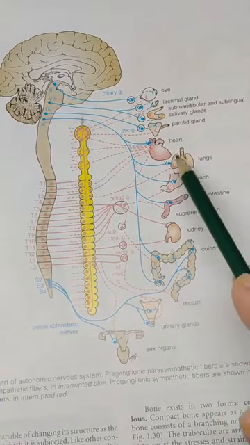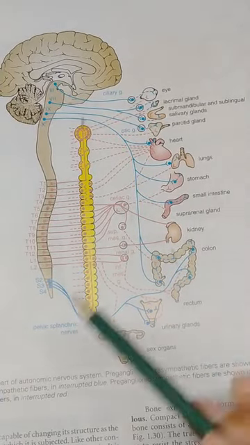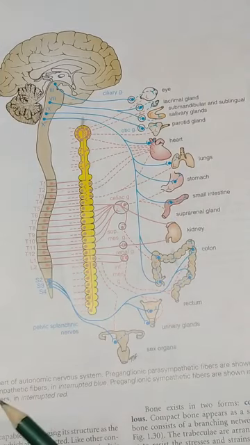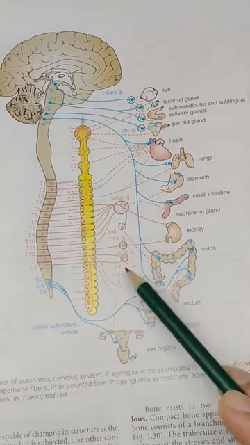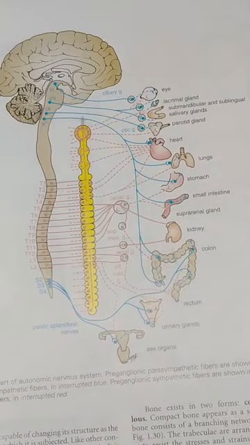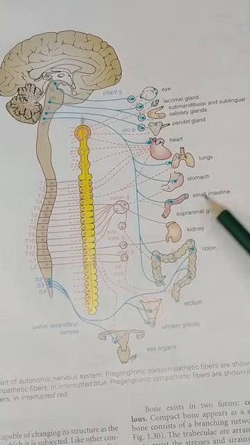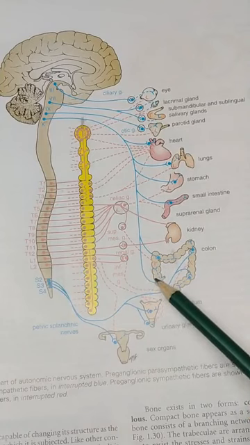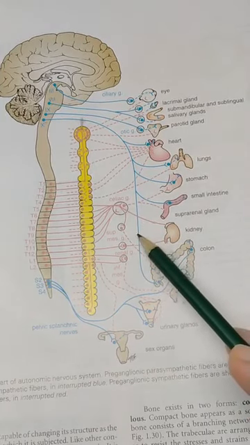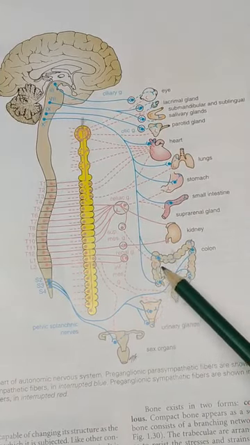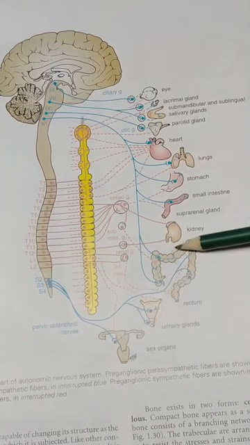So it supplies here the organs of the thorax and the gastrointestinal tract. Okay, so here, take note in the region of the gastrointestinal tract, there is a limit for the supply of the vagus nerve. The vagus nerve will supply only here, up to here.